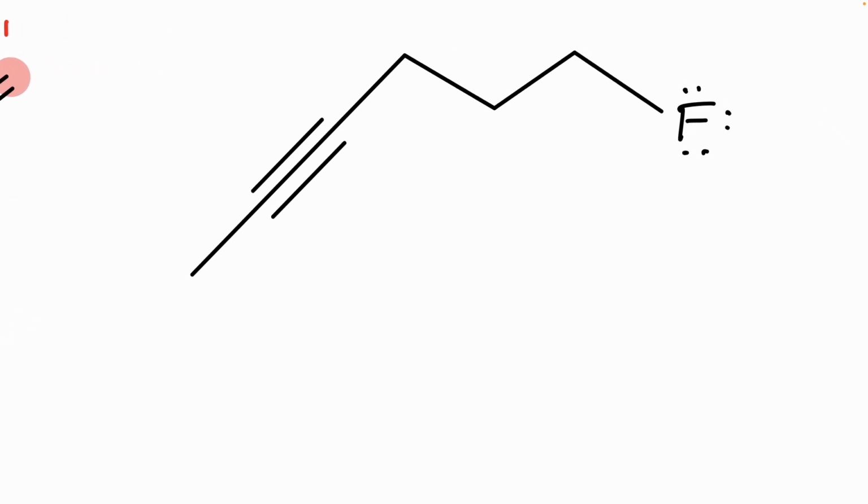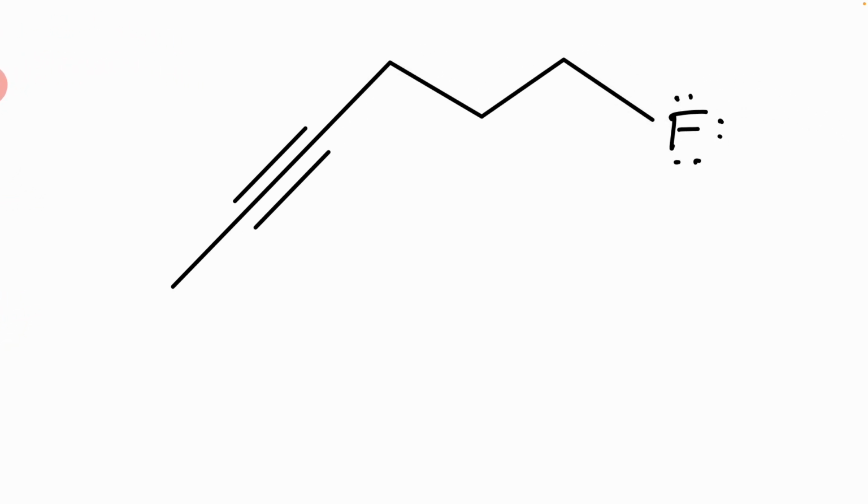Okay. What about this next structure here? How many carbons in the parent chain? 6. 1, 2, 3, 4, 5, 6. I'm going to number my parent chain 1, 2, 3, 4, 5, 6, or go the other way, 1, 2, 3, 4, 5, 6.